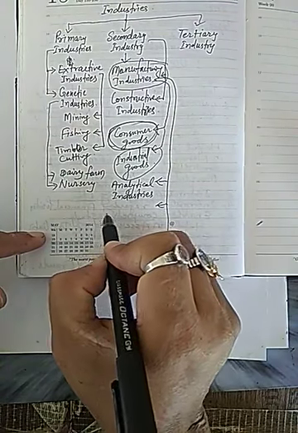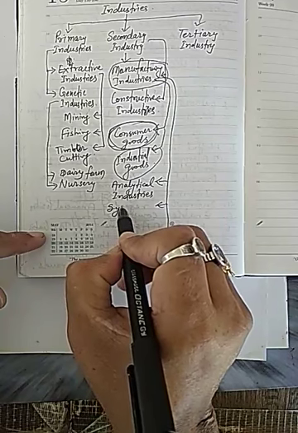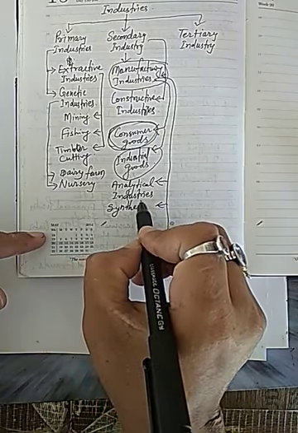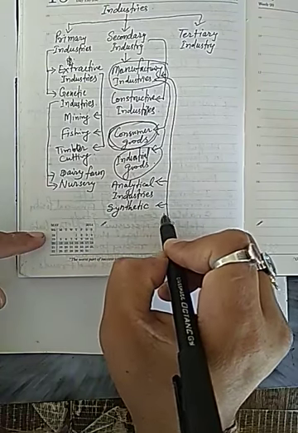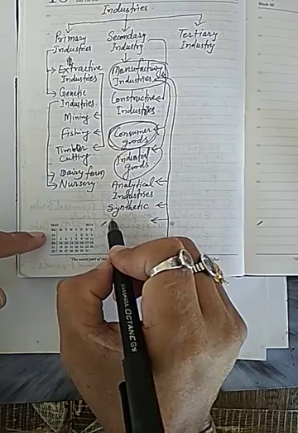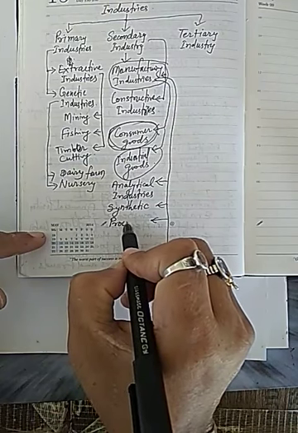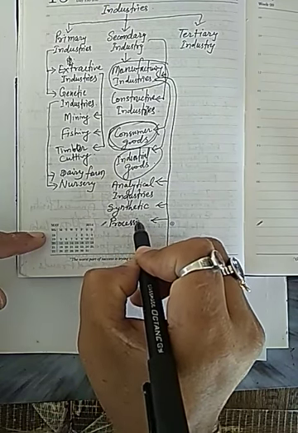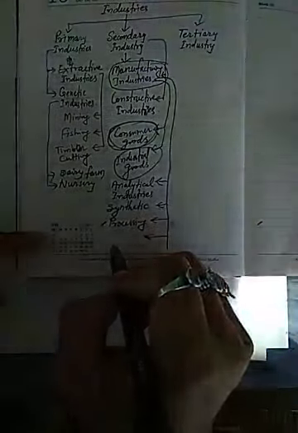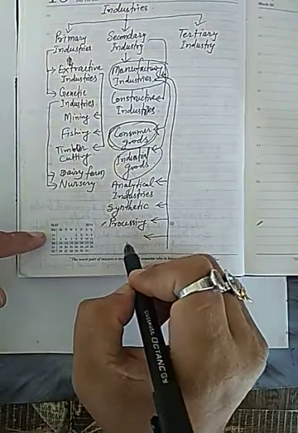Second, synthetic industries. Third, processing industries. And fourth is assembly industry.